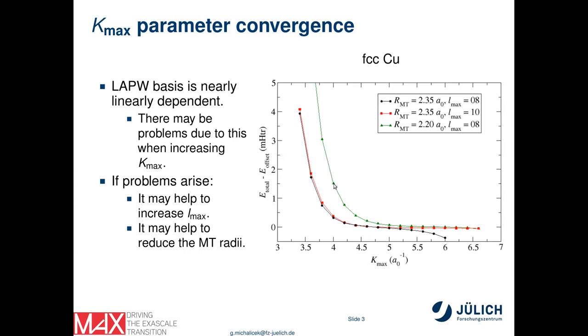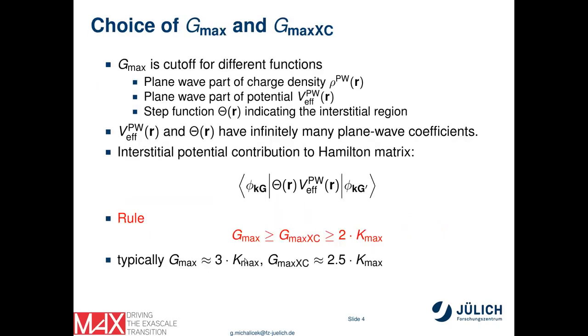This is in agreement with the equation that we had, that we should choose Lmax equals Kmax times R muffin-tin, and that should be about 8 to 12. But in the end, we end up with similar total energies once we have converged the calculation. So, let us now discuss the choice of the Gmax and Gmax-XC values.